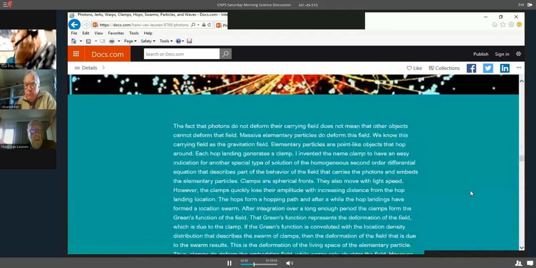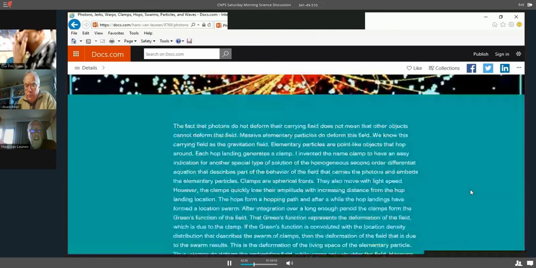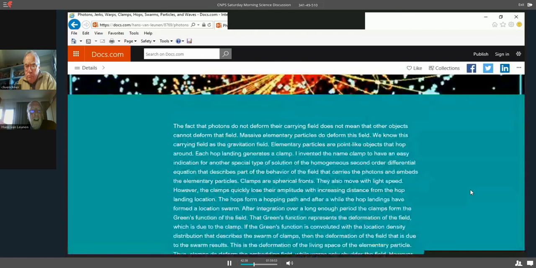It's a deformable thing that some call ether. I rather call it field. It is in fact no longer that flat parameter space.